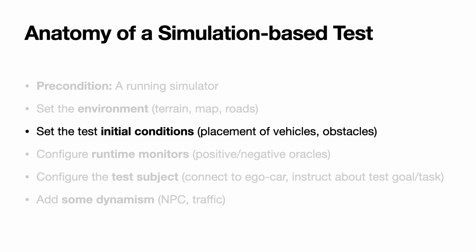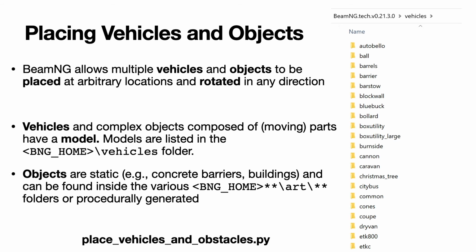Now this is how you can set up the environment, the roads, and lane markings. Let's move on and see how we can set the initial conditions of our test. This is mainly about placing vehicles and objects or obstacles. So BeamNG.tech allows multiple vehicles and objects to be placed at arbitrary location and rotated in any direction.